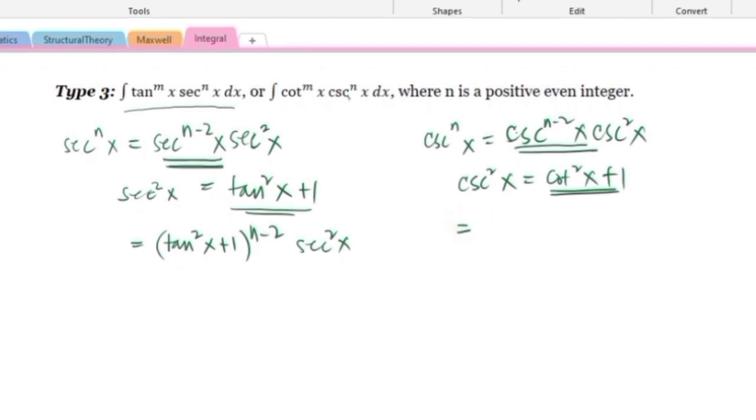So, we would have cotangent squared x plus 1 raised to the power of n minus 2 cosecant squared x. And in here, we will obtain the products of the power of the cotangent and cosecant square. And of course, we can integrate this using our general power formula.